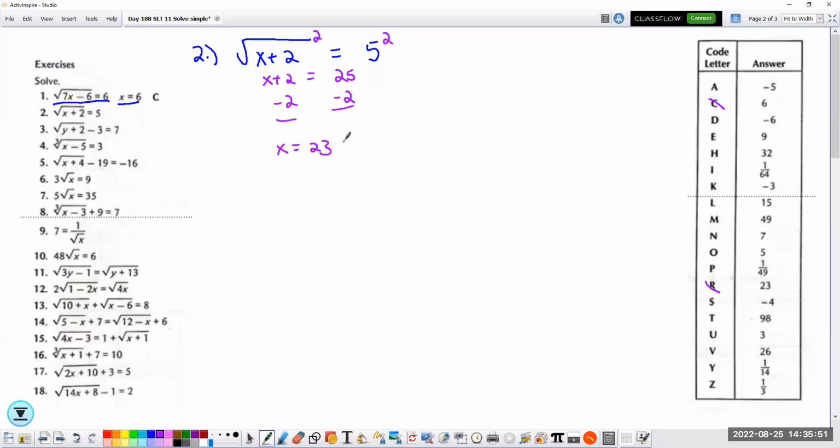All right, number 3. I'm going to cross these out so I don't forget which one is this. Number 3, we've got the square root of y plus 2 minus 3 equals 7. So again, this is the last time I'm going to map this out.